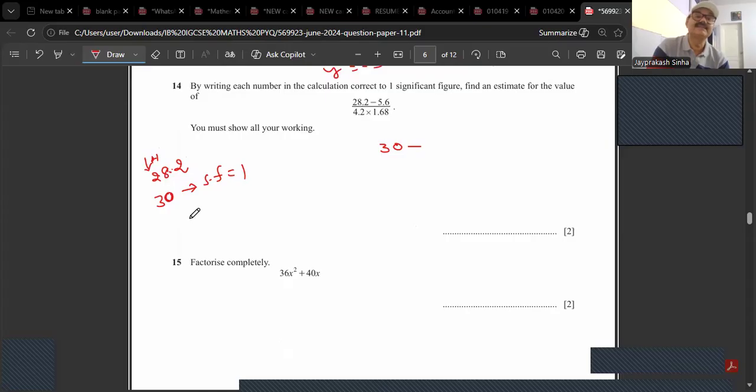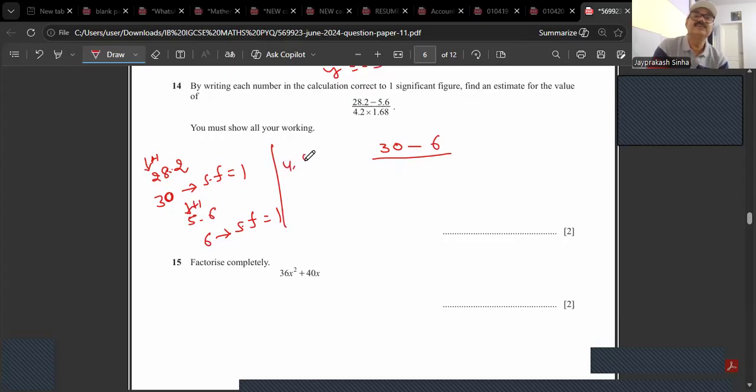minus 5.6. Again, 5.6, we have to write only one significant figure. So this 5.6 is having two significant figures, so we don't require it. Because this is 6, and 6 is greater than or equal to 5, this number will be up by 1. So we'll write 6. 6 also has one significant figure. So 30 minus 6 upon 4.2.